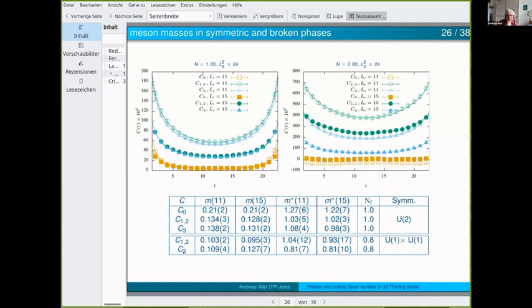So let's look at the larger lattice, and let's look at the third row. You see if there's no symmetry breaking, then indeed you can prove that C1 and C2 are the same, even on the lattice without doing any simulation, by symmetries, and that they are essentially the same.